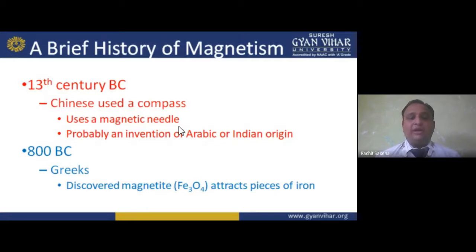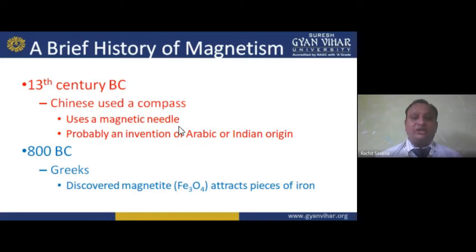Now, 800 BC, again before Christ, the Greeks discovered magnetite, that is Fe3O4. In short we call it magnetite, but the chemical formula is Fe3O4. It attracts pieces of iron. The magnet has a force of attraction and a force of repulsion, my dear student.